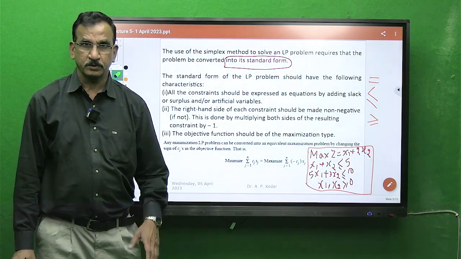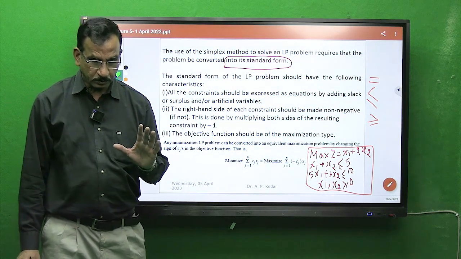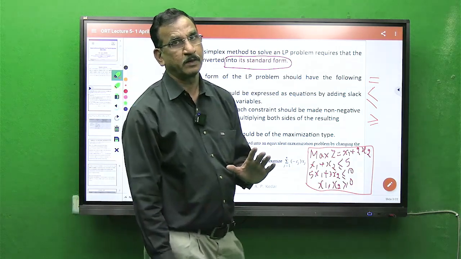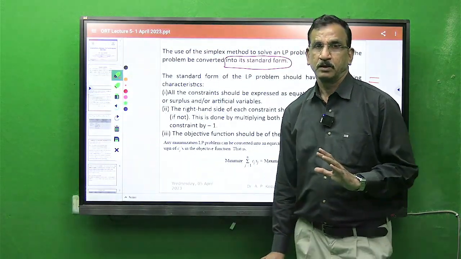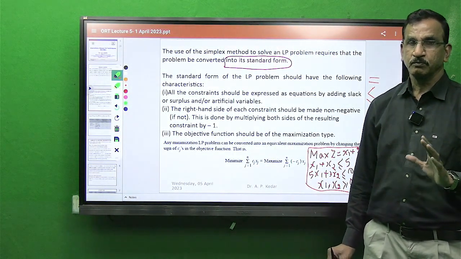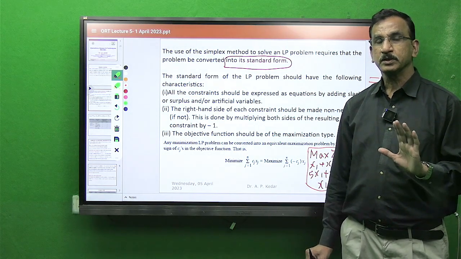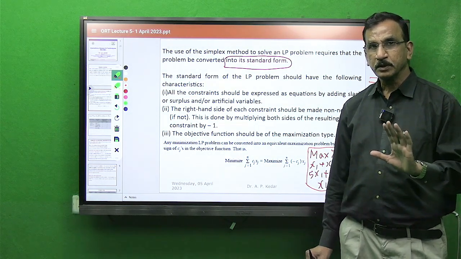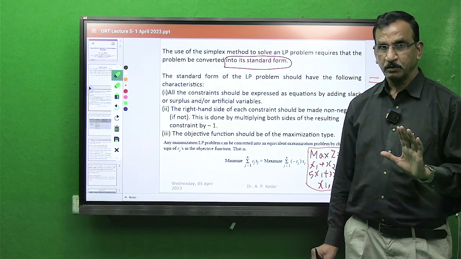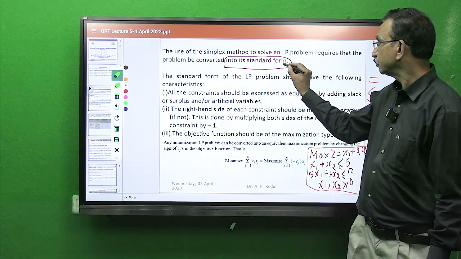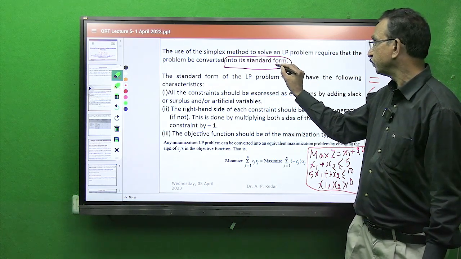What I am saying is that the formulation which we do from the given data for finding a solution is referred to as the canonical form. We have to convert that into standard form.